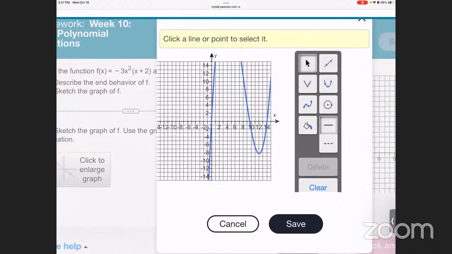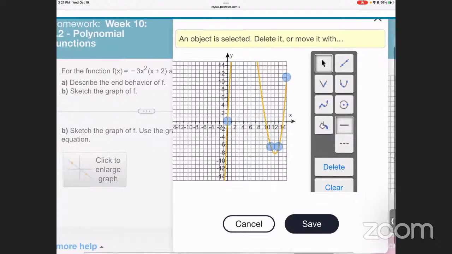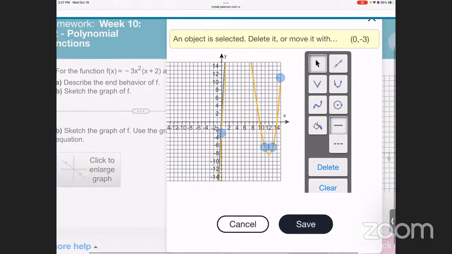Let's try this again. Okay, 1 point is the origin. That's one of our zeros, and it should also bounce off the origin, but we'll come back to that. When x is -2, that's another one of our zeros. So another zero is x equals -2. Those are our two x-intercepts.